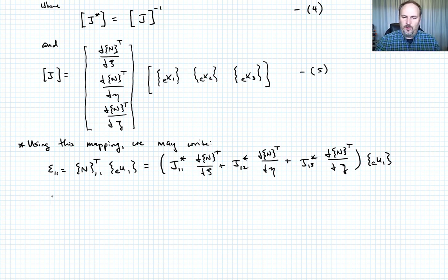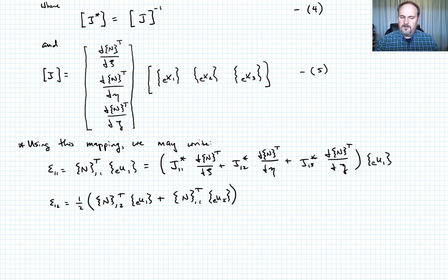How about epsilon 12? So we'll do one normal and one shear. For epsilon 12, that looks like 1/2 now times the quantity n comma 2 transpose times u1 of the element plus n comma 1 transpose times u2 of the element, right? And if we start expanding that out using our mapping, this looks like 1/2, and now I'm going to put a big bracket here for us.